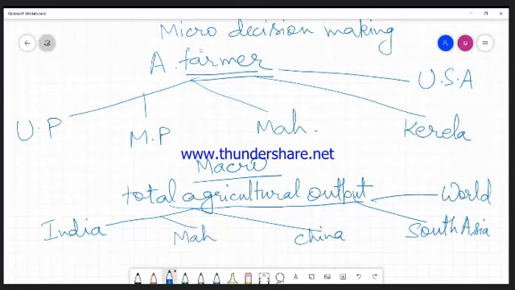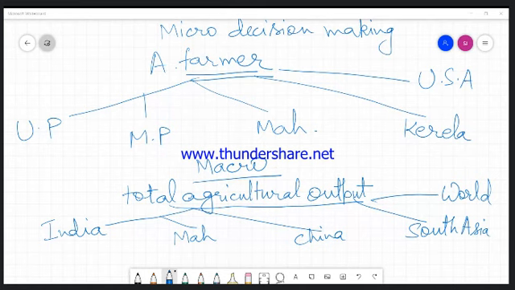If I'm talking about a particular farmer, then this is micro. But if I'm talking about the main activity of the farmer, producing agricultural output, then it is related to the macro situation. A farmer using fertilizer is a micro decision making. Total fertilizer used at the economy level, state level, or country level is a macro decision making.